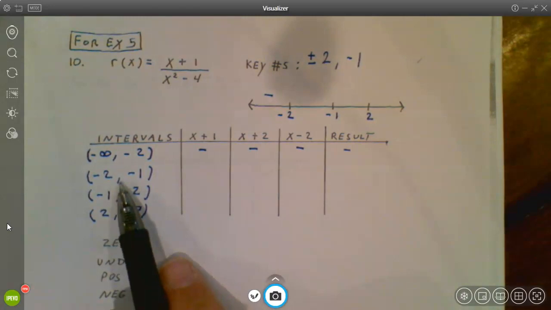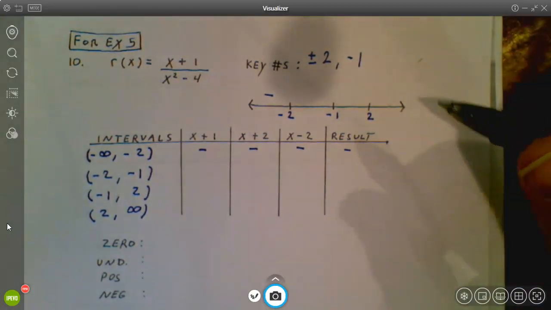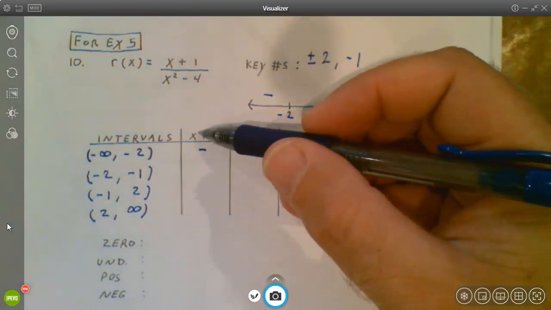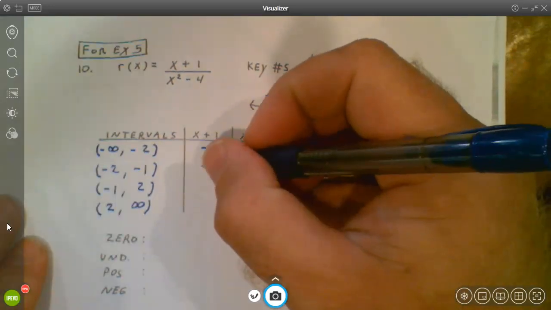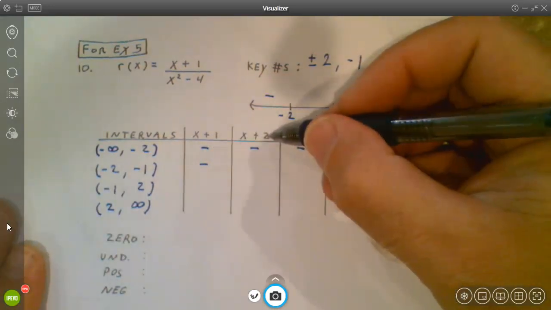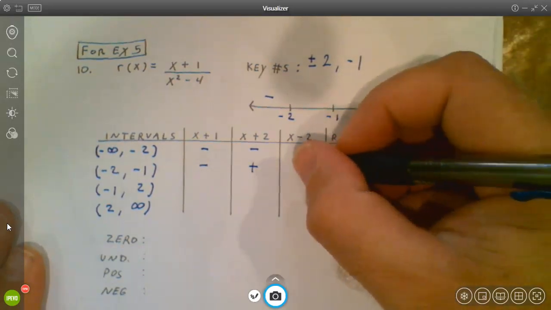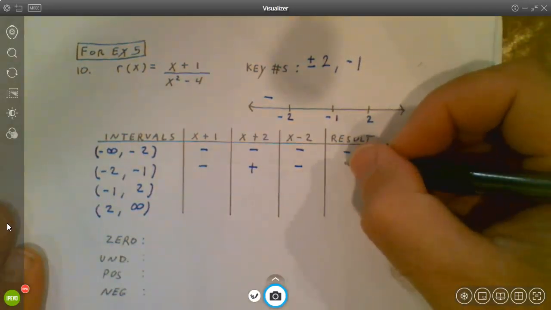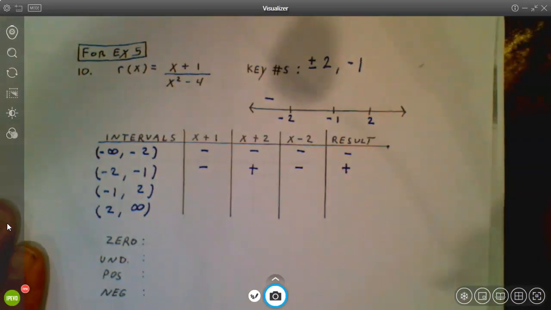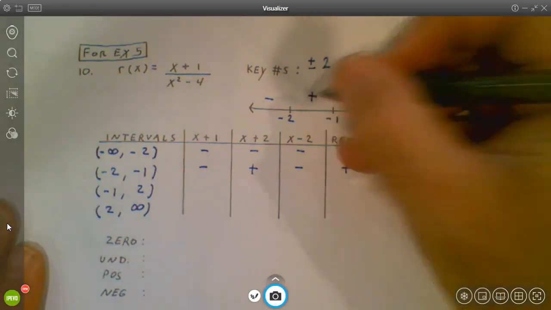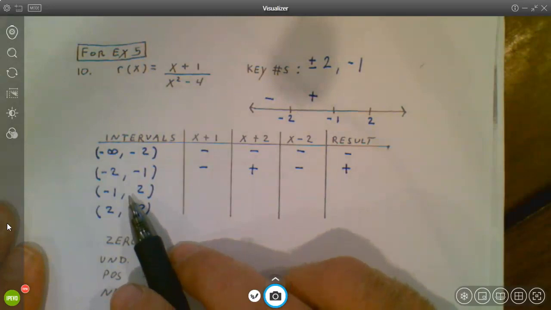We got to use something like negative 1.5. So if we did negative 1.5 plus 1, negative 1.5 plus 2, and minus 2, so we have an even number of negatives, so that area of the graph is positive. Let's take a number like 0.